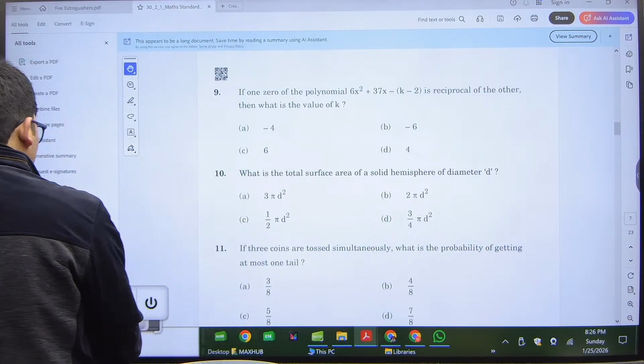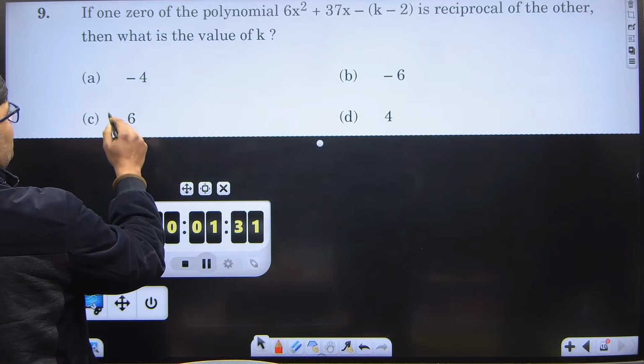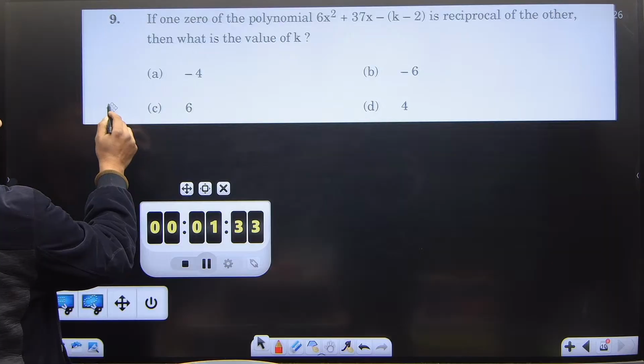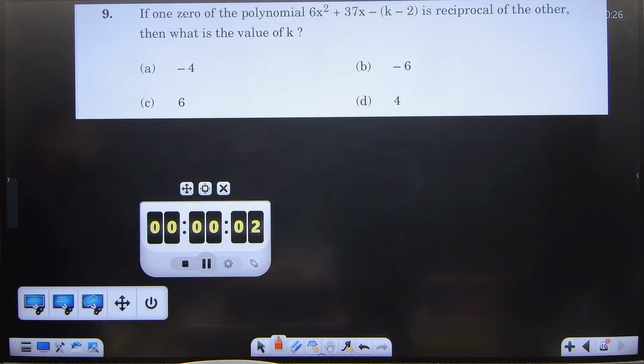If one zero of the polynomial is the reciprocal of the other, then find the value of k. So what happens if one of the zeros is a reciprocal? What is the property of a reciprocal?